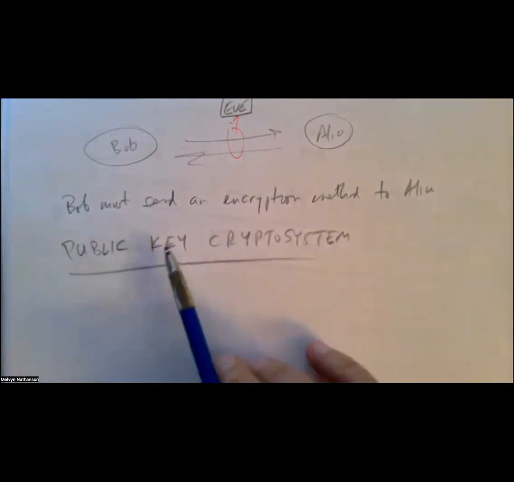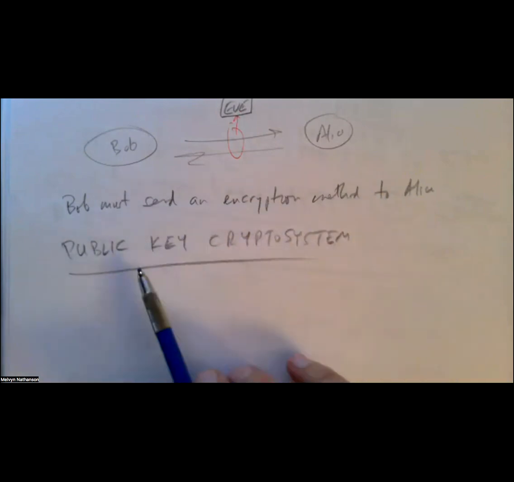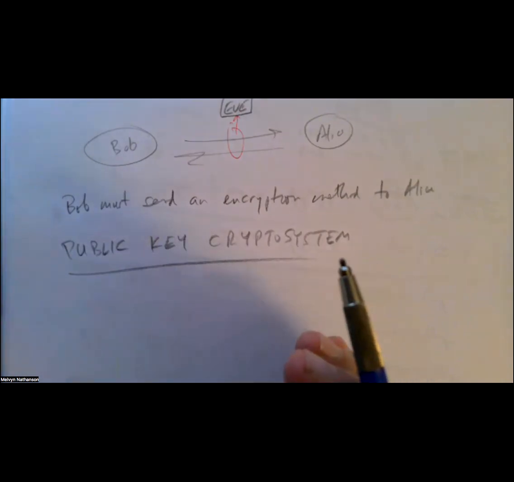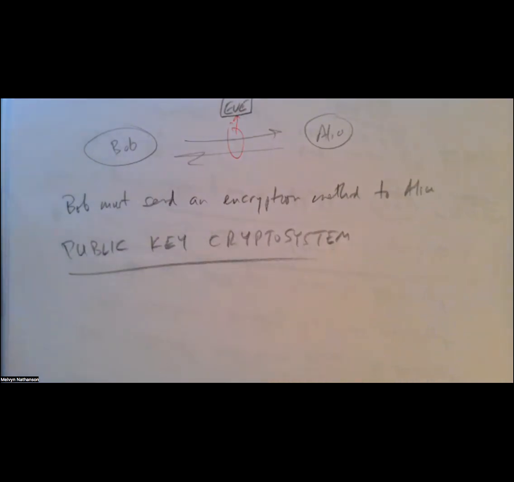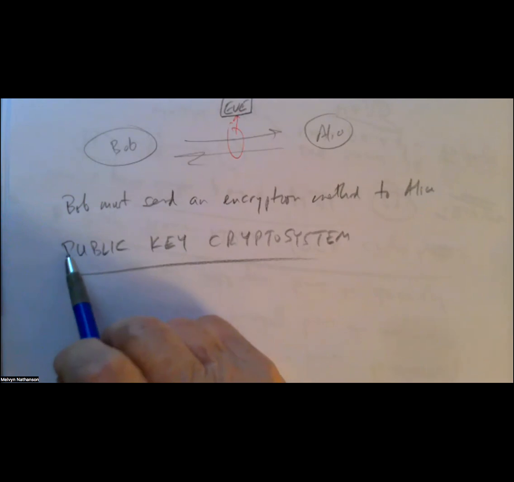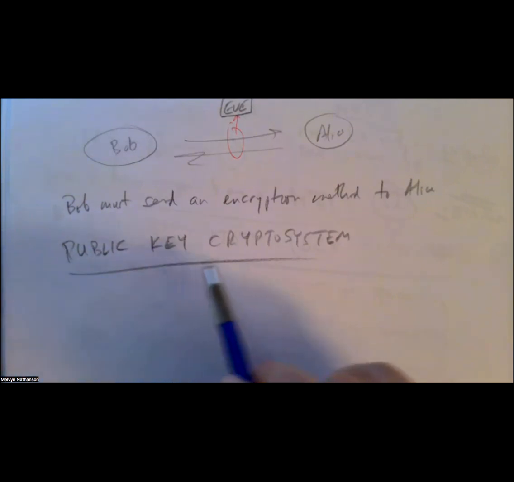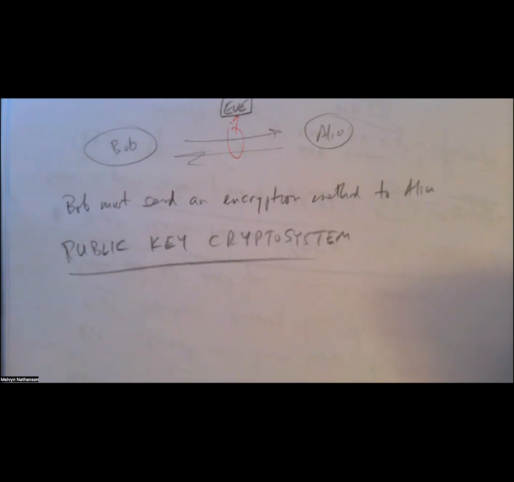In fact, Bob doesn't have to just send this message to Alice. Bob can post this on the internet for everyone to see. Bob says, okay, if you want to send me a message that you don't want other people to read, here's what you do. So I'm giving you publicly the method or the key to the crypto system. And the method is as follows.